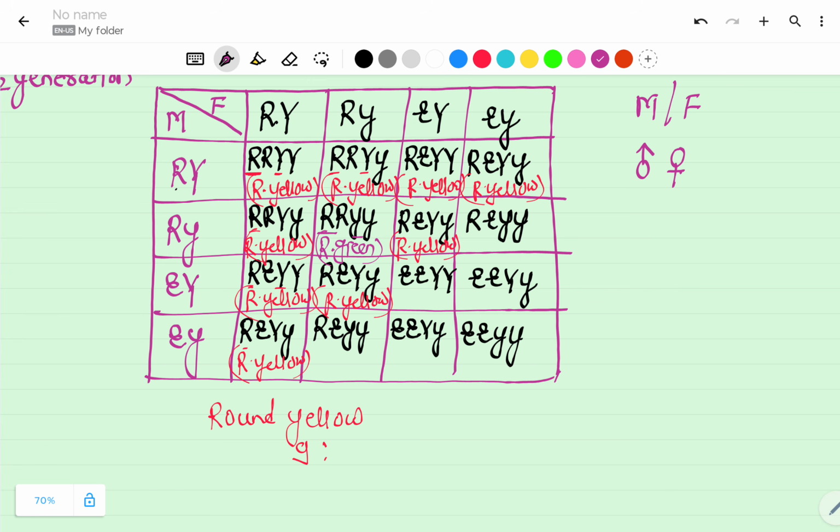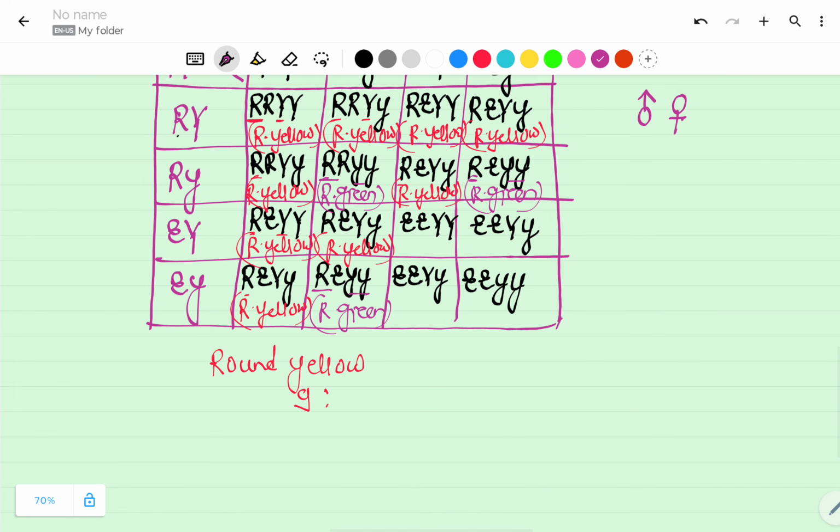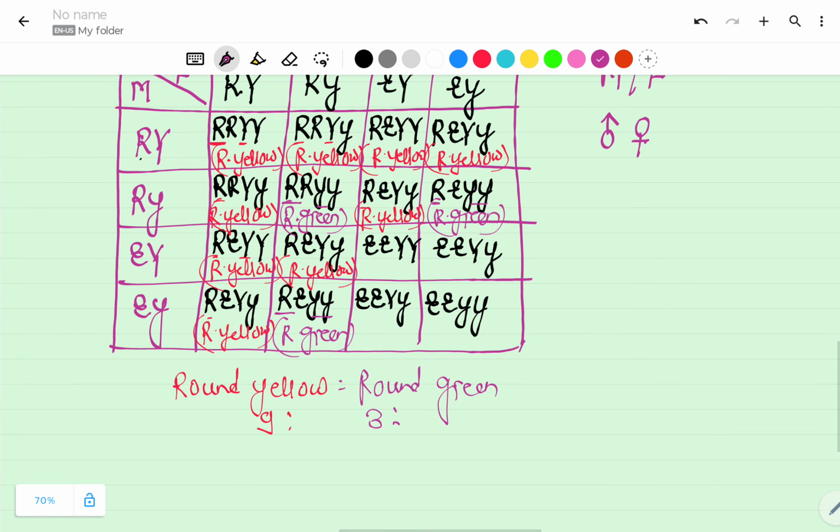Here also round green, round green. Here we also write round green. Okay, round green. So how many round green? Here round green is what? 3. So round yellow is over, round green is over.